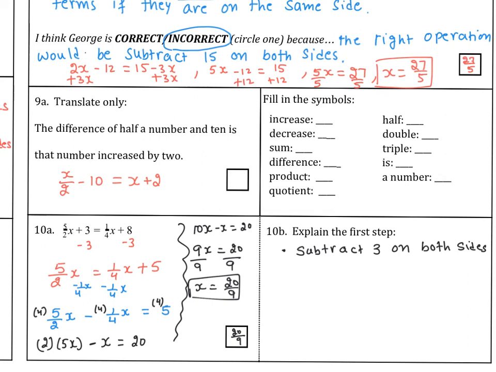In order to clear the fraction, we are going to multiply each and every term by 4, which is the LCM of this equation. So 4 divided by 2 is 2 times 5x. 4 divided by 4 is just 1x equals 4 times 5 is 20. 5 times 2 is 10x minus x would be 9x equals 20. Now you divide with 9 on both sides, you're going to get 20 divided by 9. And the first step for this equation would be subtract 3 on both sides.